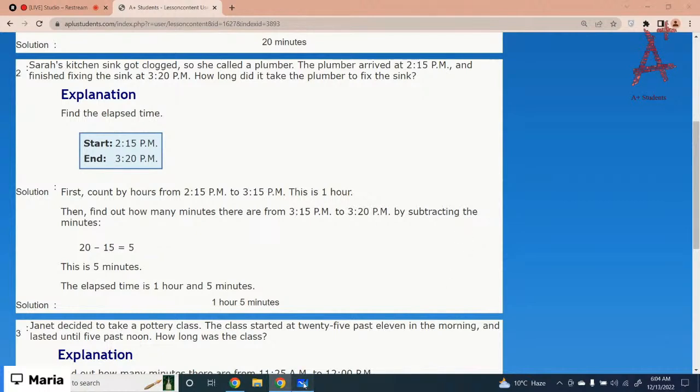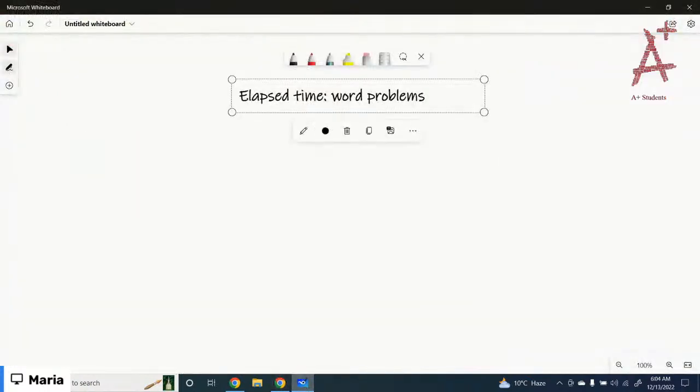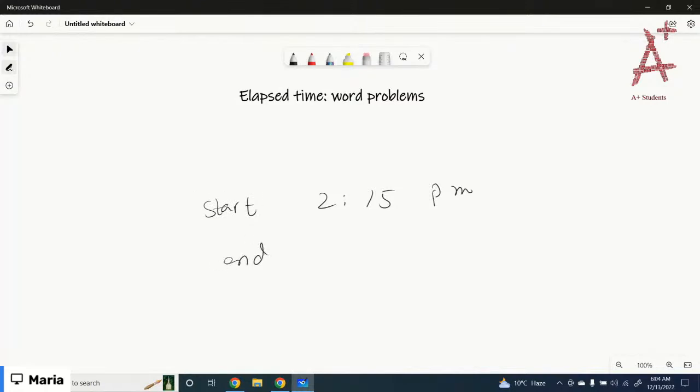So that means he started at 2:15 p.m. and he ends at 3:20 p.m. So from 2 to 3, that means just 1 hour. And from 2:15 to 3:15, it is just 1 hour.